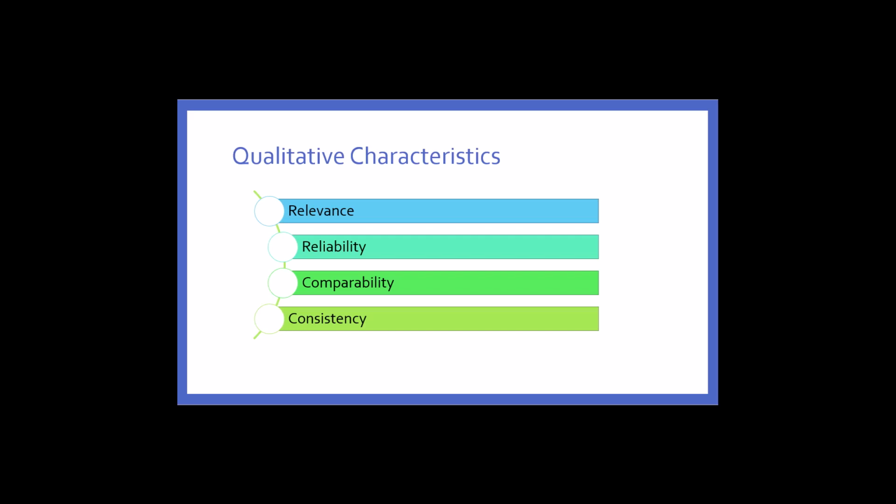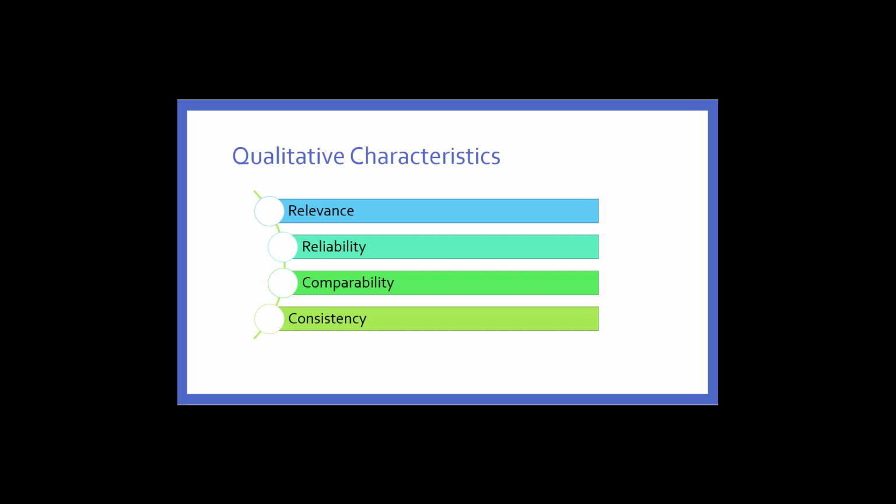Now let's talk about comparability and consistency, because sometimes these two get confused. Comparability means that we want our financial statements to be comparable to other companies in similar industries.